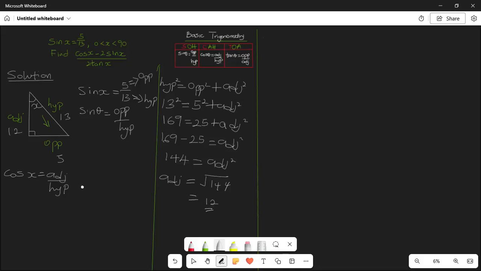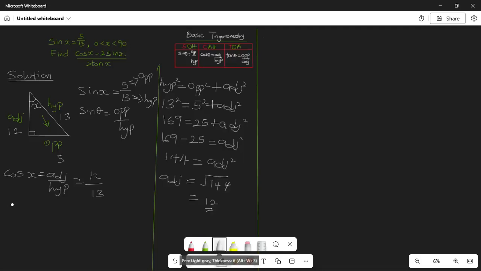So now we can look for our cos x, that's adjacent over hypotenuse. Adjacent is 12, while hypotenuse is 13, so that gives us 12 over 13. The next one is to look for 2 sine x. We look for sine x first, then we multiply by 2.